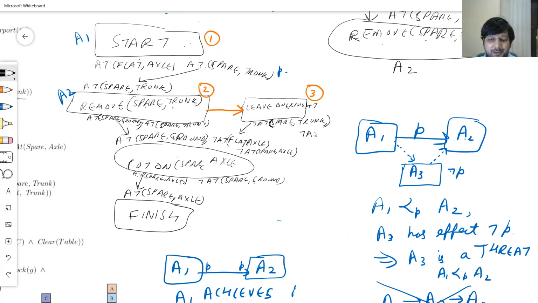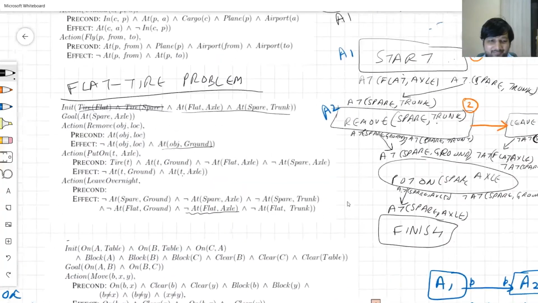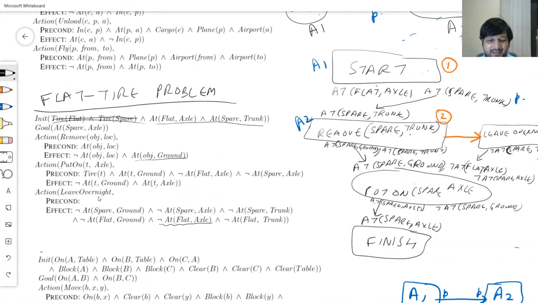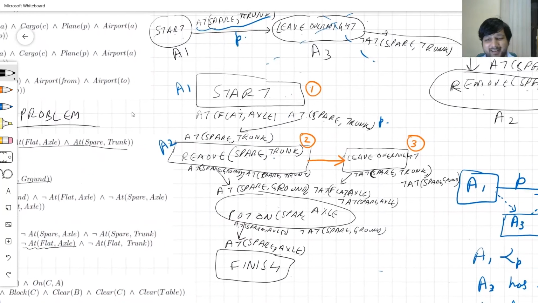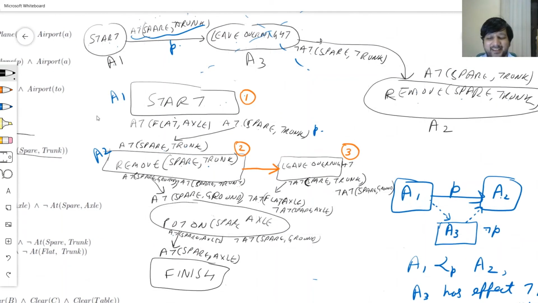There is also not at spare comma ground. How do I know about it? Leave overnight, not at spare comma ground. Now why is not at spare comma ground important? Why did I suddenly get this variable out of all?